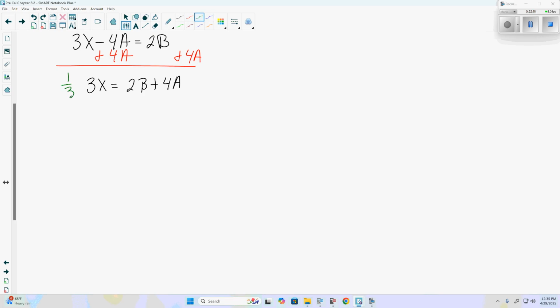Then we multiplied both sides by 1/3, telling us x is equal to 1/3 times (2b plus 4a), and that got us our matrix that we're solving for.